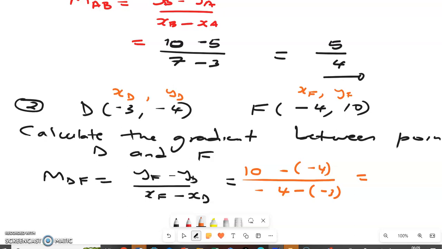Simplify: 10 minus negative 4 gives 10 plus 4, over negative 4 minus negative 3, which is negative 4 plus 3. So our answer is 14 over negative 1, which is negative 14. So we get a negative gradient.